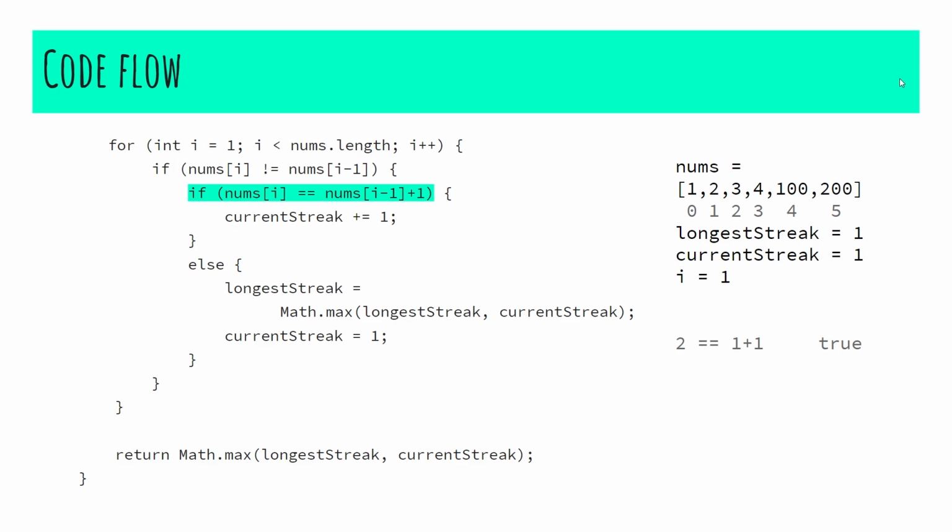Here we are going to check if the current number is equal to our previous number added with 1. Our current number is 2 and the number preceding 2 is 1. Since 1 plus 1 is 2, which means that 1 and 2 are consecutive numbers, I'll add 1 to the current streak. Previously, my current streak value was 1. Now it will be incremented to 2.